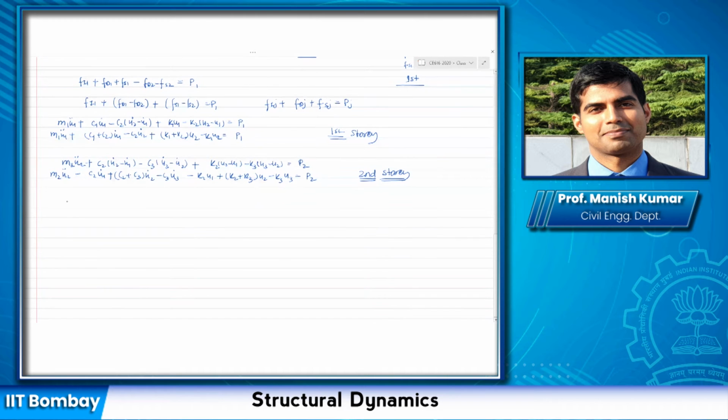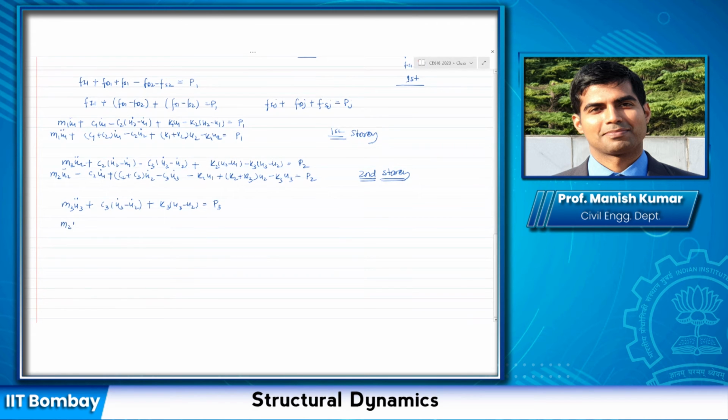Okay, it would be, let us say, m3 u3 double dot plus c3 u3 dot minus u2 dot. Okay, there is no story above, so there is no force because of that, plus k3 u3 minus u2, and that is equal to p3.